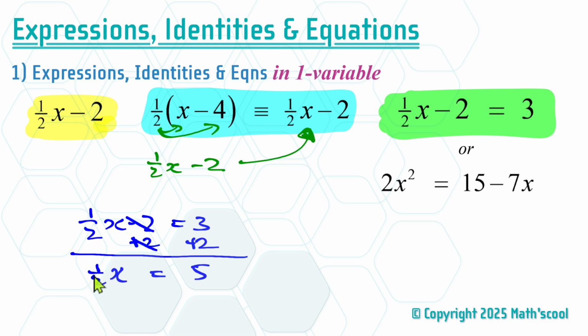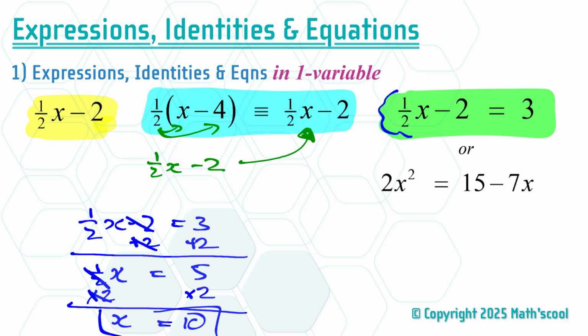And then to get rid of the times a half, you can either divide by half or times by 2. They're the same thing. So I'll times by 2. And so that's going to give me x is 10. So that tells me that this equation here only works when x is 10. That's the only solution for that equation.